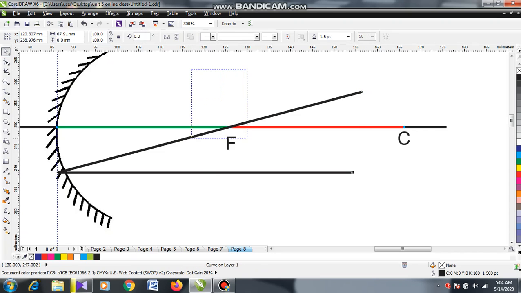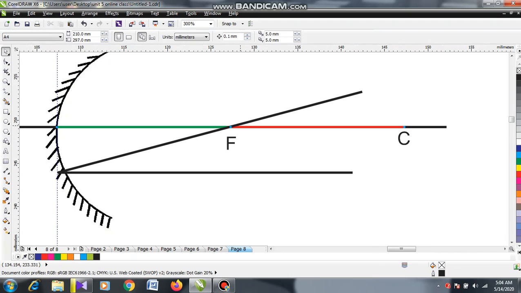Remember, again I'm telling you, you have to pass it exactly through the focal point.